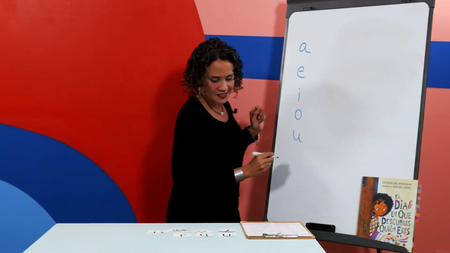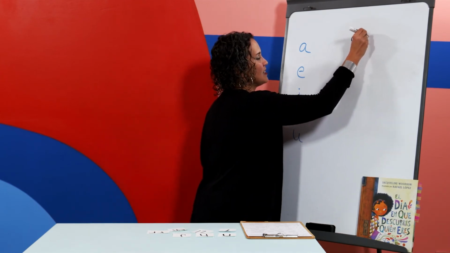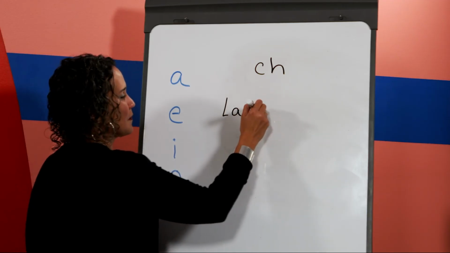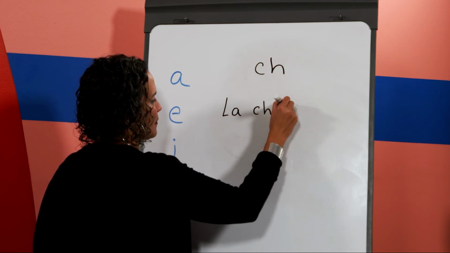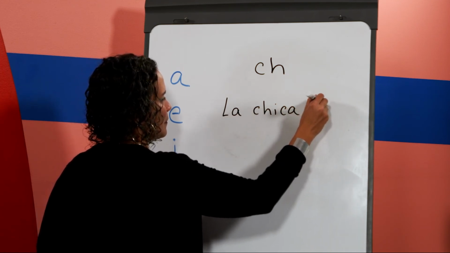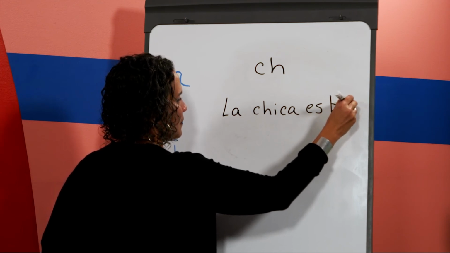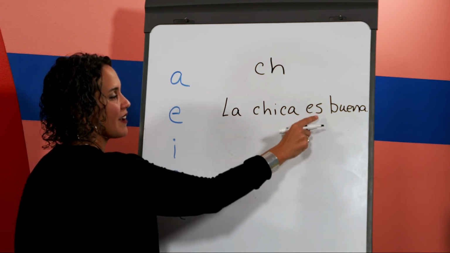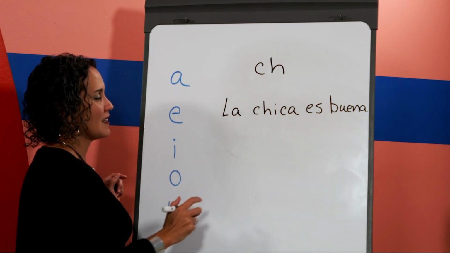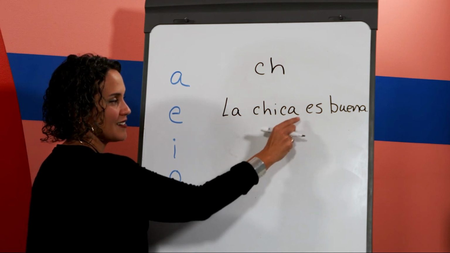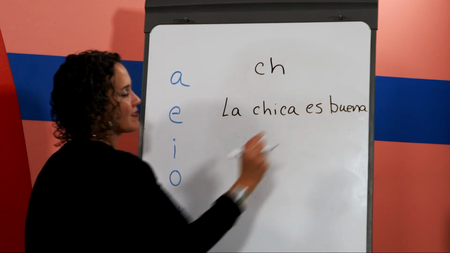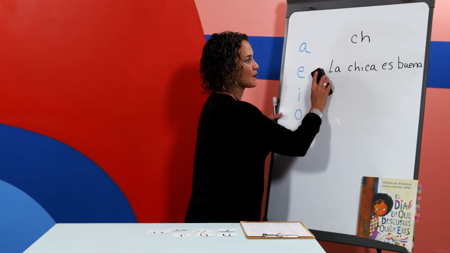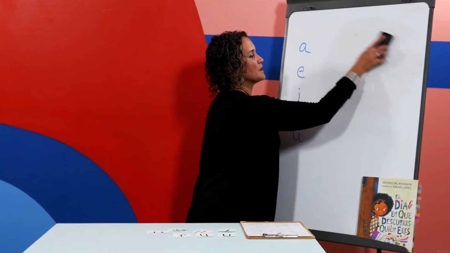See the CH. Okay. La chica es buena. Again, la chica es buena. Perfect. Chica is just a girl, a young girl. This is perfect.